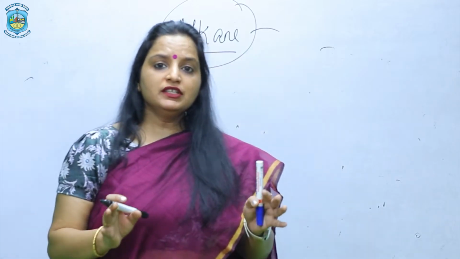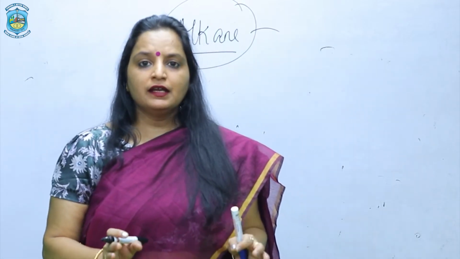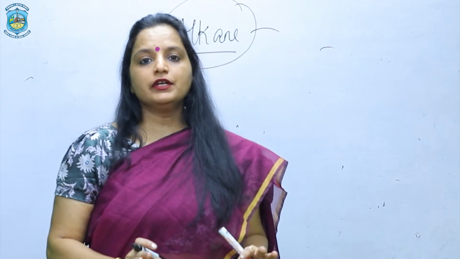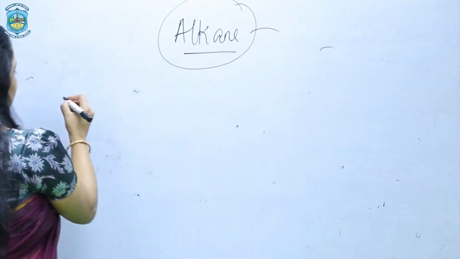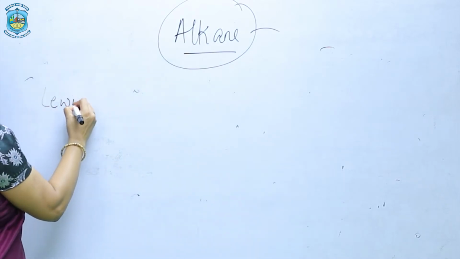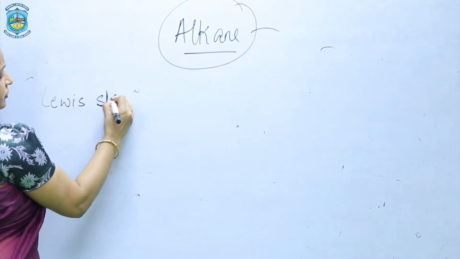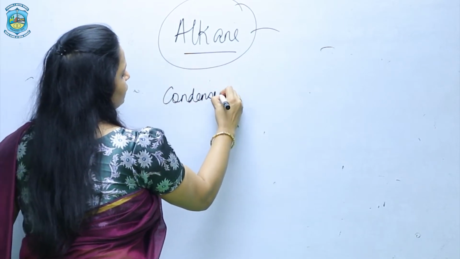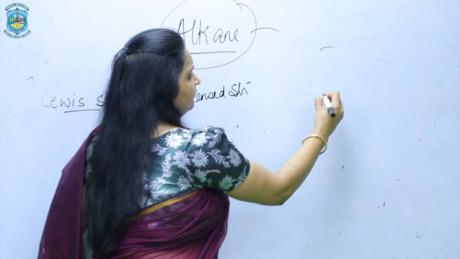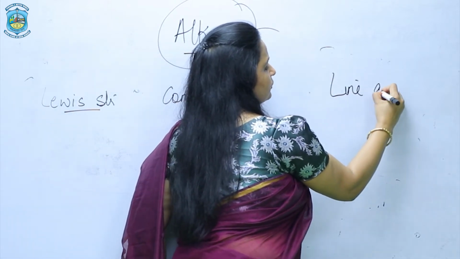Before moving on to the structural property of alkanes, let's see how we are going to represent the structure on paper. We have 3 types of representation. First is the Lewis structure, second is the condensed structure, and third is the line angle structure.